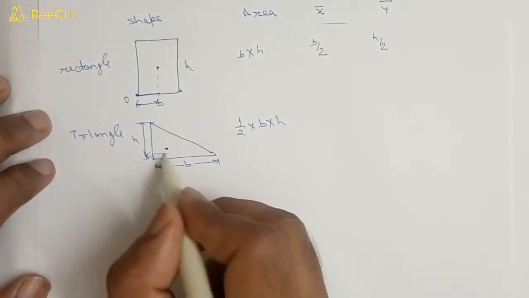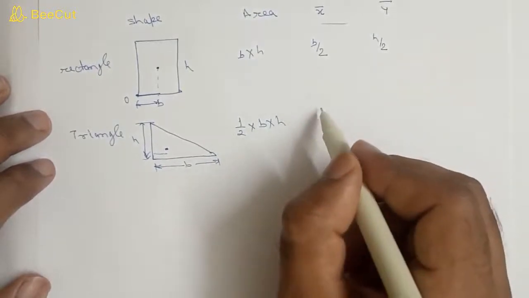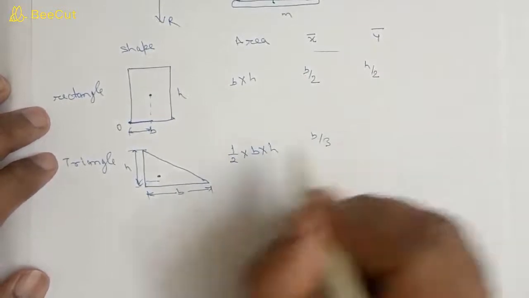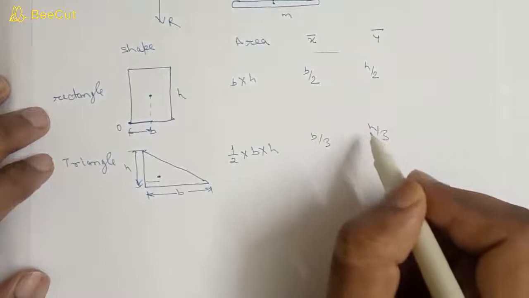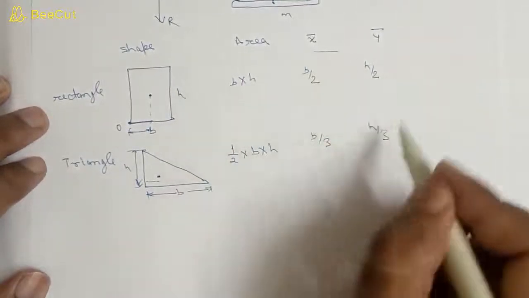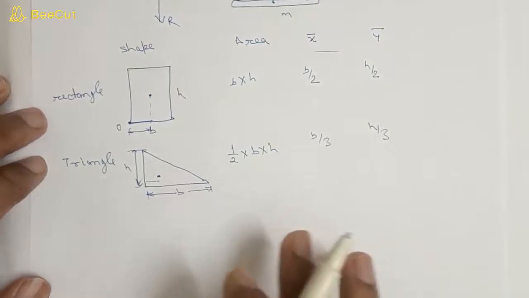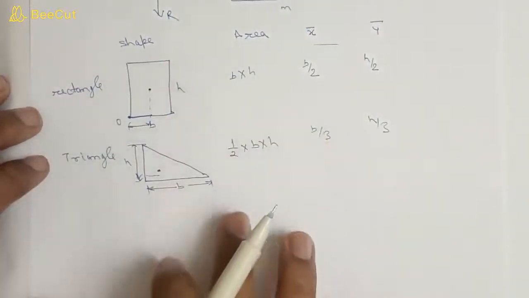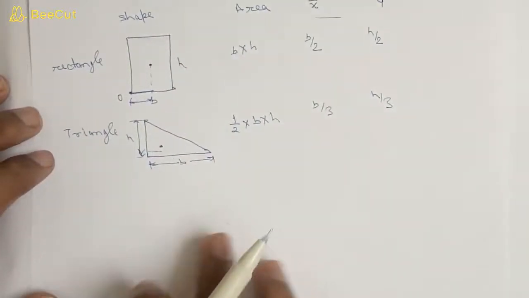X bar will be b by 3, and y bar will be h by 3. If you remember this, it will be easy to find the centroid of a composite or complicated shape. These are the basic shapes, and these are standards, so you have to remember these things.